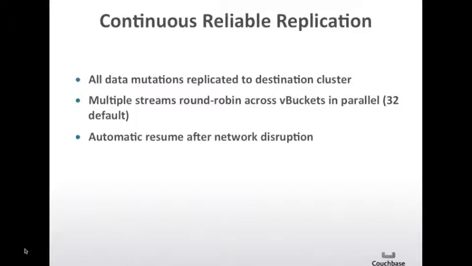On a per vBucket, or per data partition level, we checkpoint and see what data has been replicated already and what data has not been replicated. So in case there is a network disruption and the replication fails, once the replication is re-established, we know exactly where the replication stopped, and we can continue from there. We need not start the replication from the beginning.